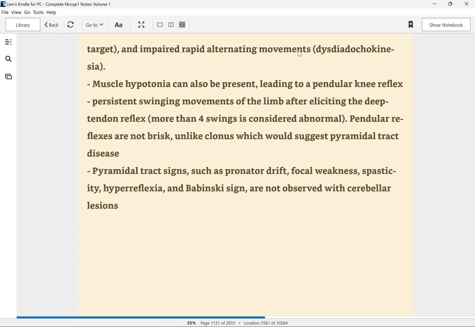More than 4 swings is considered abnormal. Pendular reflexes are not brisk, unlike clonus, which would suggest pyramidal tract disease. Pyramidal tract signs, such as pronator drift, focal weakness, spasticity, hyperreflexia, and Babinski sign, are not observed with cerebellar lesions.